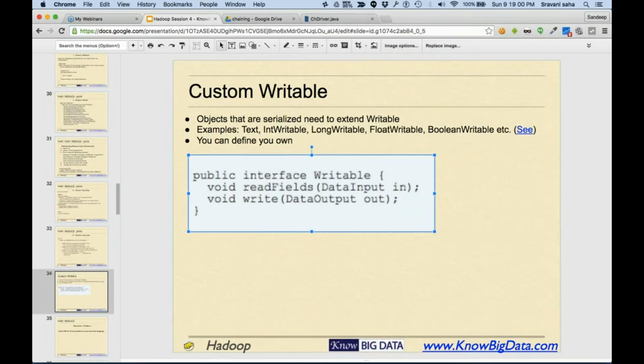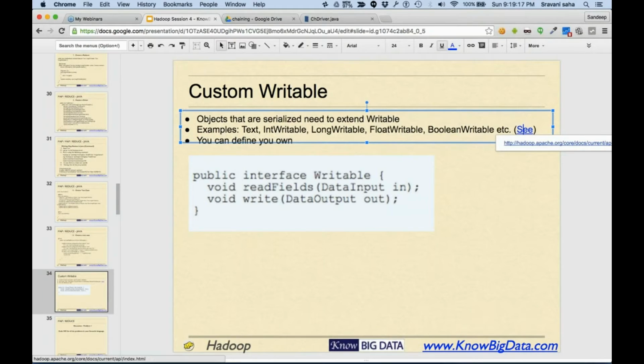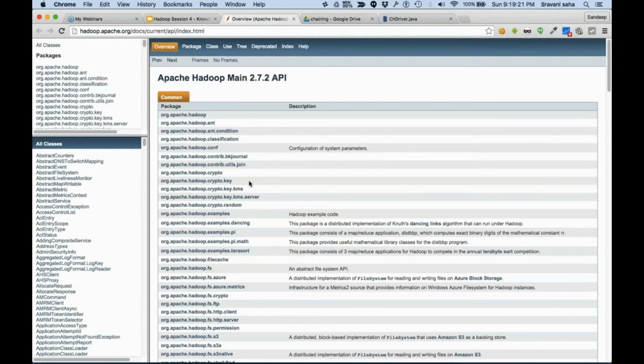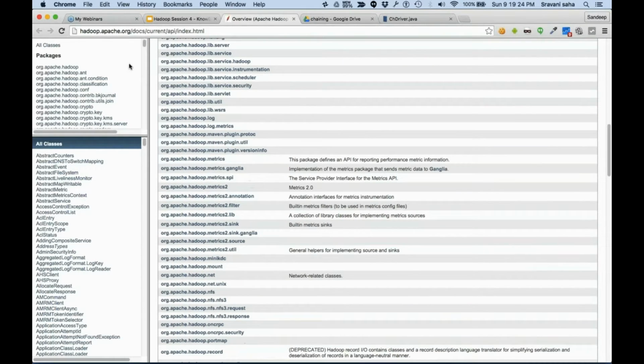So objects that are serialized need to extend an interface called Writable. Text, IntWritable, LongWritable, FloatWritable, BooleanWritable, these are the predefined objects provided by Hadoop to you. You can see all kinds of writables here.